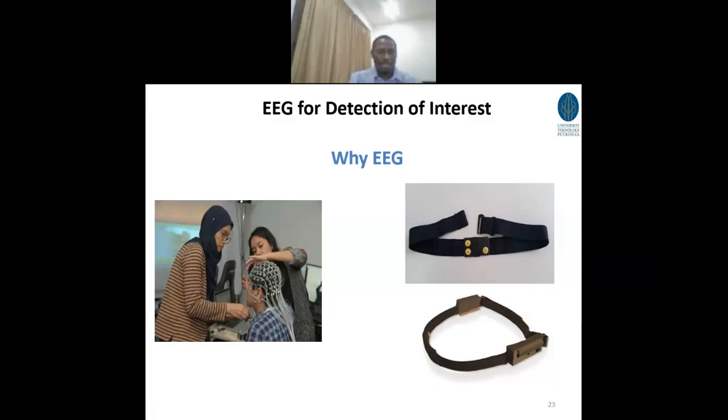These are people who are assisting to put the caps on, and these caps are sometimes not dry caps. That means you need to put some gel to increase the connection. So that's why it needs some time to set up. But it's useful for some particular studies where you need many channels, and it has to be with wires to get better signals, if I could say.